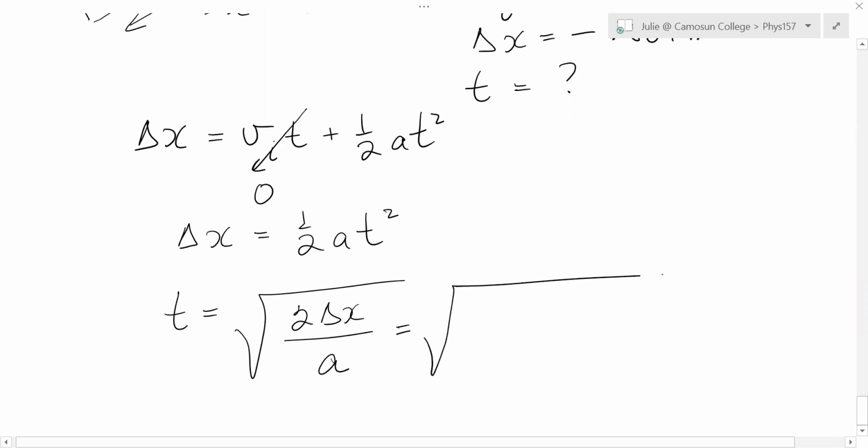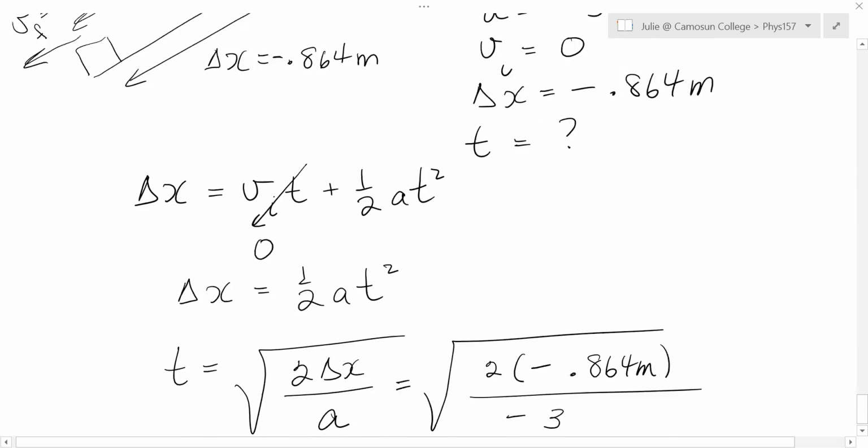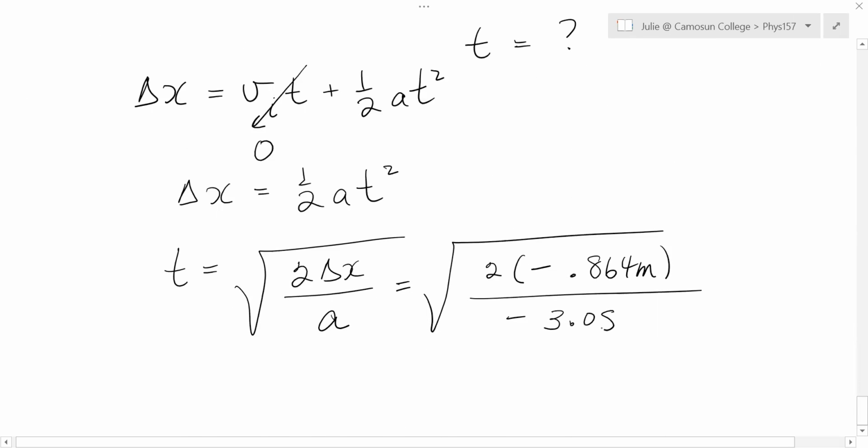Once again, if you didn't put the negative for that delta x, you would have gotten an error here in your calculator. So this is the negative 0.864 displacement over the negative, what was it, 3.08. And this is T to go down. Okay, so then this would equal 0.7495.